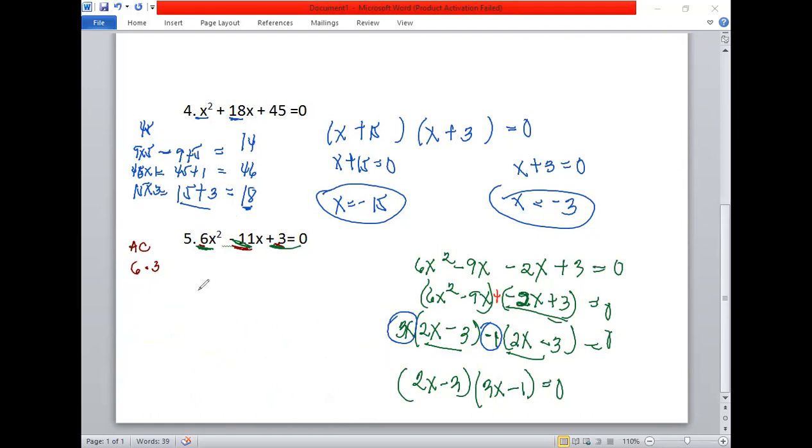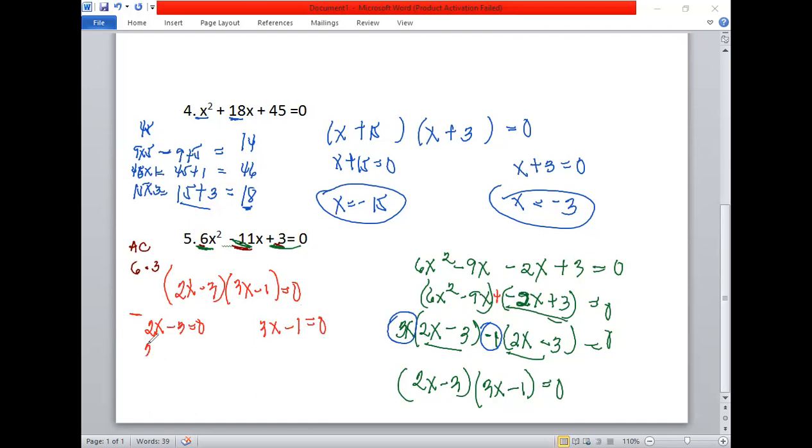Ito po isusulat ko na lang siya ulit dito. 2x minus 3 and then 3x minus 1 is equal to 0. So 2x minus 3 is equal to 0 and also 3x minus 1 is equal to 0.